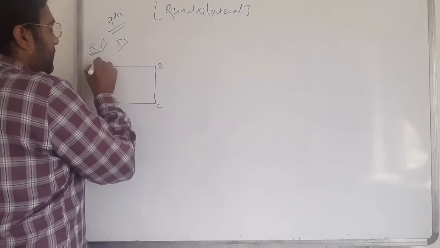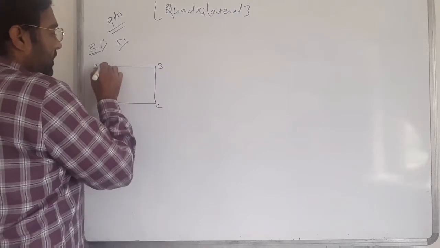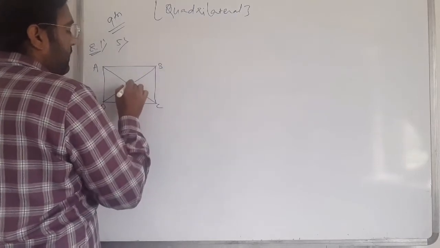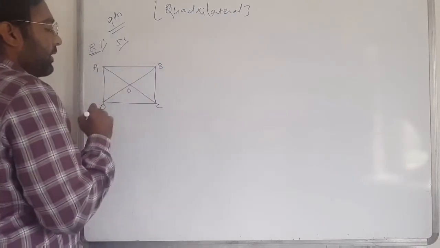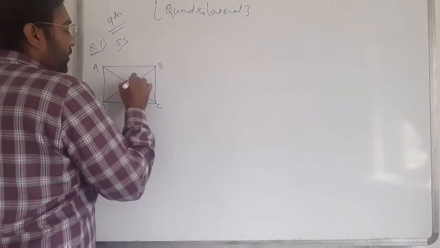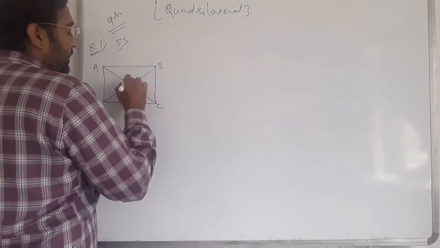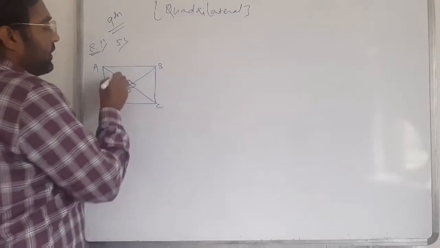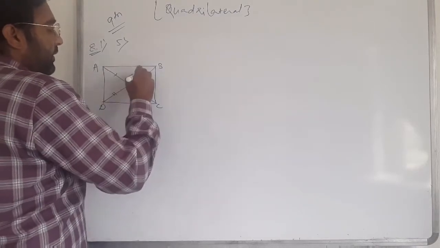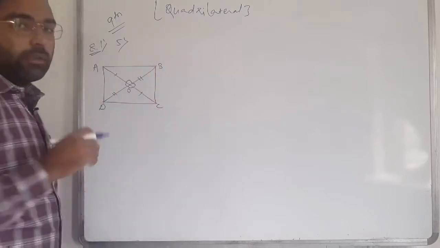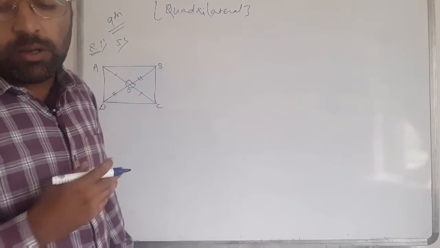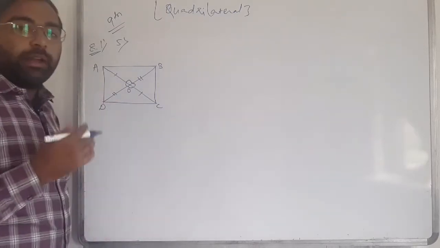These are the diagonals, bisecting at O and forming right angles at the center.